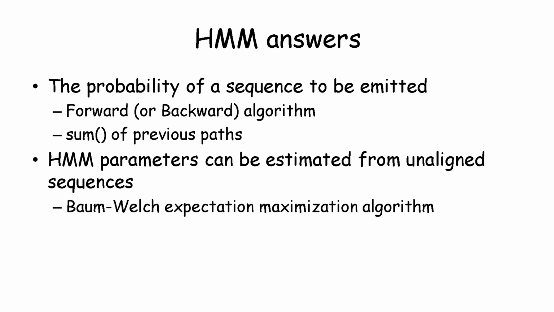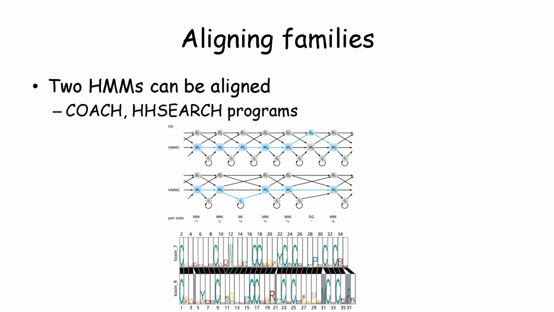For example, when you want to find the probability that a sequence would be produced from the HMM, you would consider the sum of all options that can produce the sequence rather than the maximum valued option. I'm not going to go into details of these algorithms here.